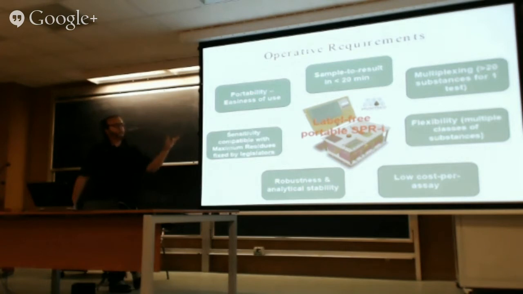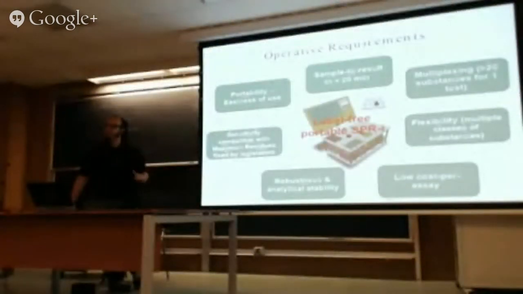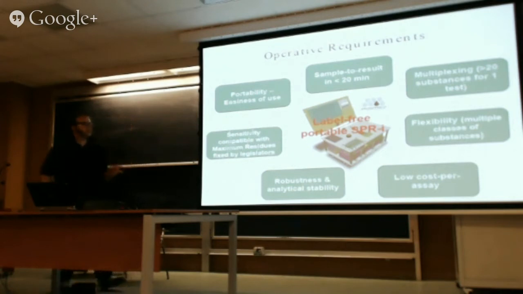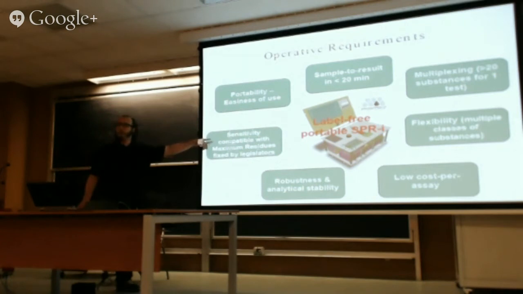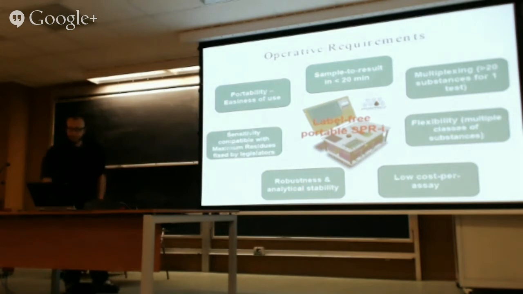Then you can use it as multiplexing, so with one chip, with one structure, you can perform simultaneously thousands of measurements on different, for example, foods, looking for different molecules or pollutants. It's flexible, low cost, robust, it's very sensitive because you can measure changes in the refractive index down to 10 to the minus 6, and it's quite portable.